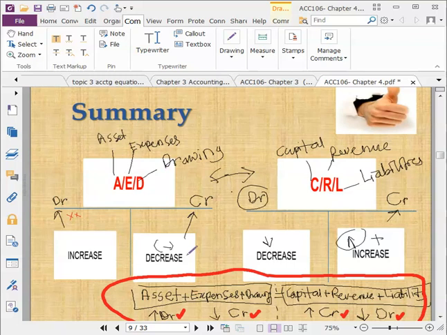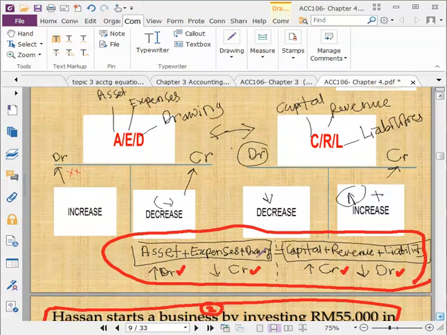But for decrease, you must put it at the right side. Vice versa with capital, revenue, and liability. I hope that you will understand the T account also. I've already mentioned to you: asset, expenses, drawings, equal to capital, revenue, plus liability.